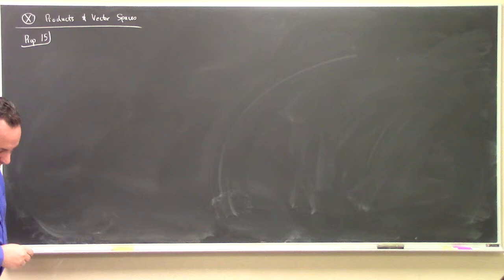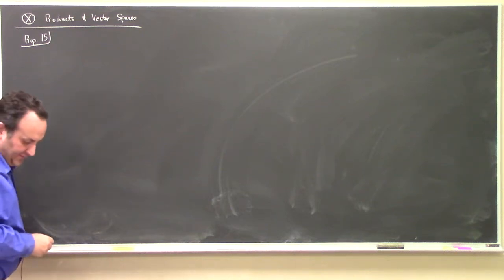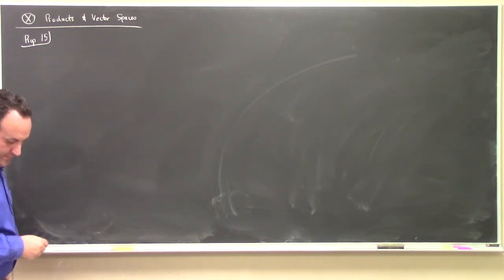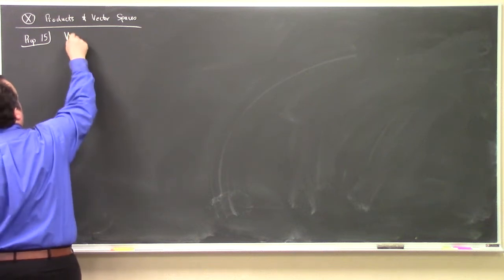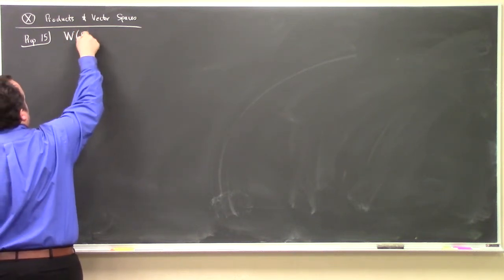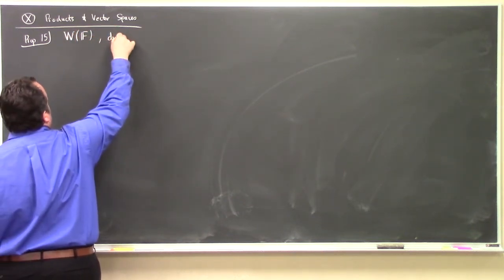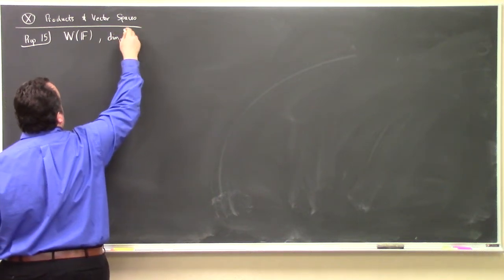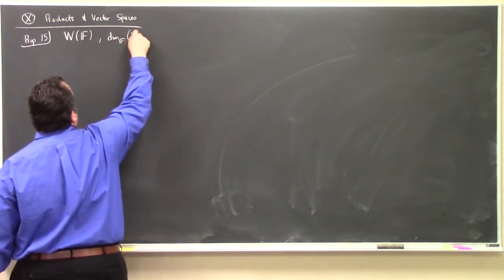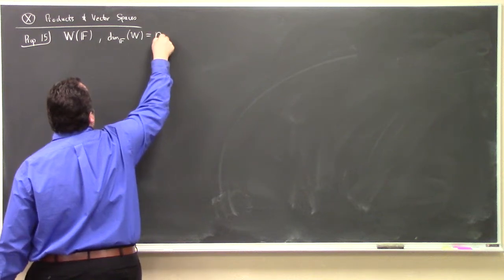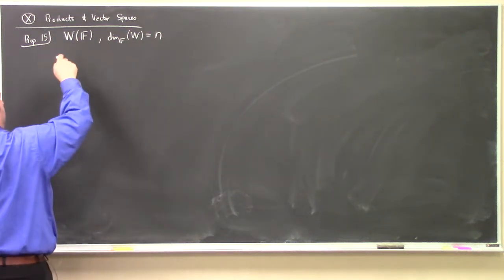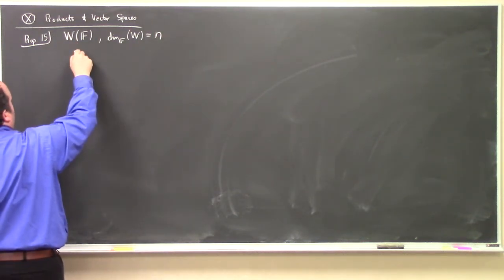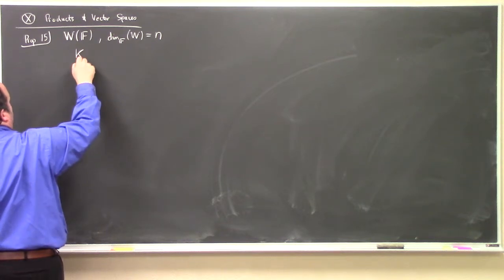He starts with W, an n-dimensional vector space over F. The dimension over F of W is n. And then he says, okay, well, suppose that K is an extension.